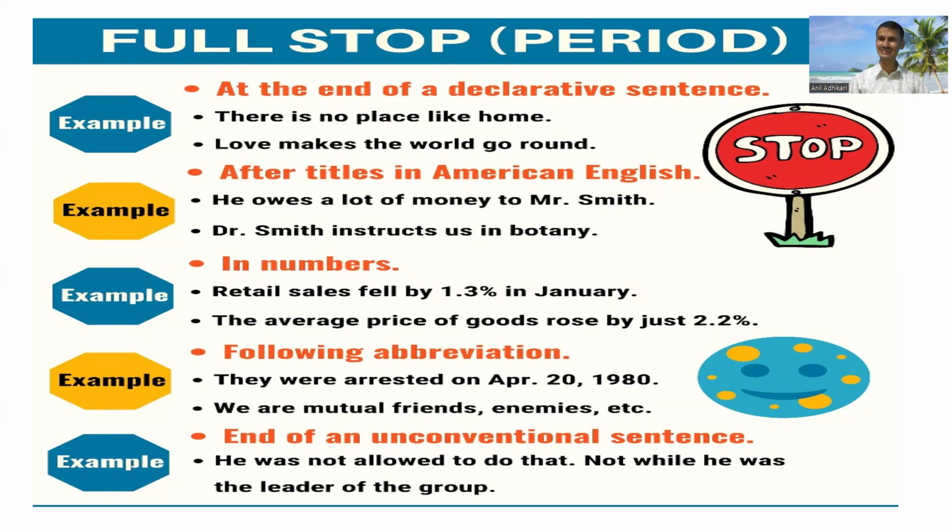It is also called dot in number case, following abbreviations, and at the end of unconventional sentences. These are the ways of using a full stop, but focus here: at the end of a declarative sentence, we have to give a full stop. At your level, this type of sentence is appropriate. Focus on this point. Declarative sentence. After every declarative sentence, there is a full stop. Focus on this point. Okay? Okay, now let's go.